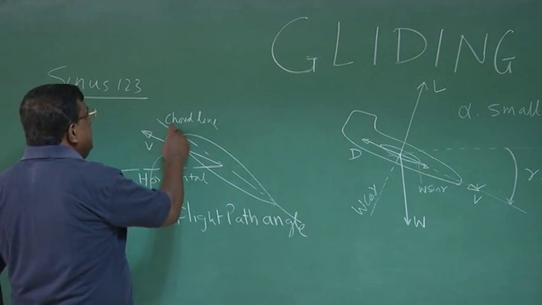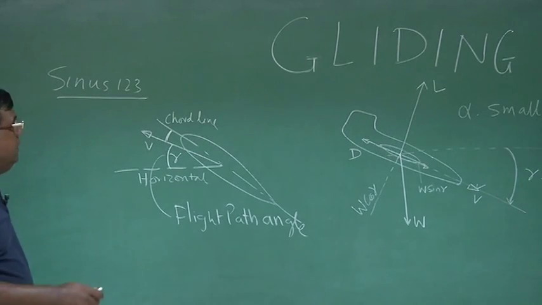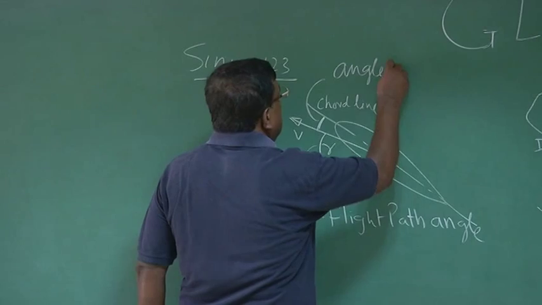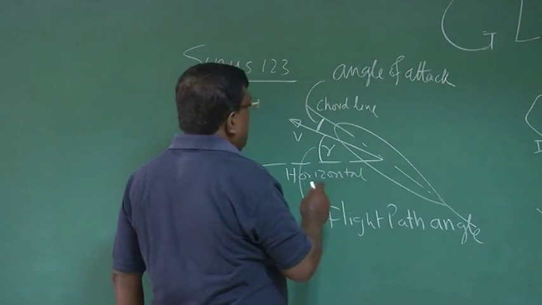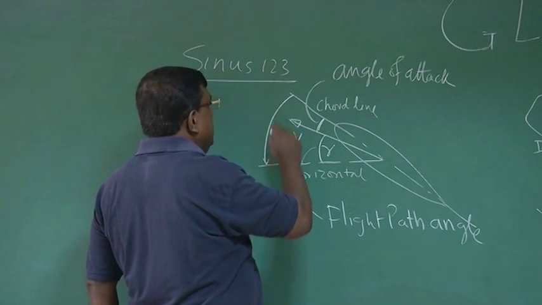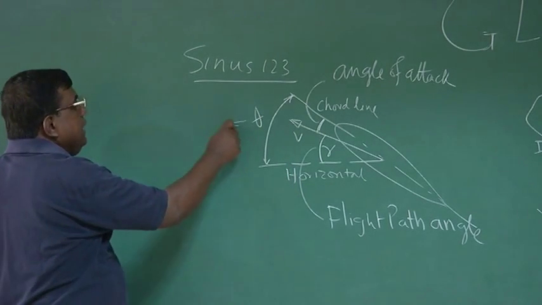The angle between the chord line and the velocity vector in the vertical plane is called the angle of attack. And the angle from the chord line to the horizontal, with notation theta, is called the pitch angle.